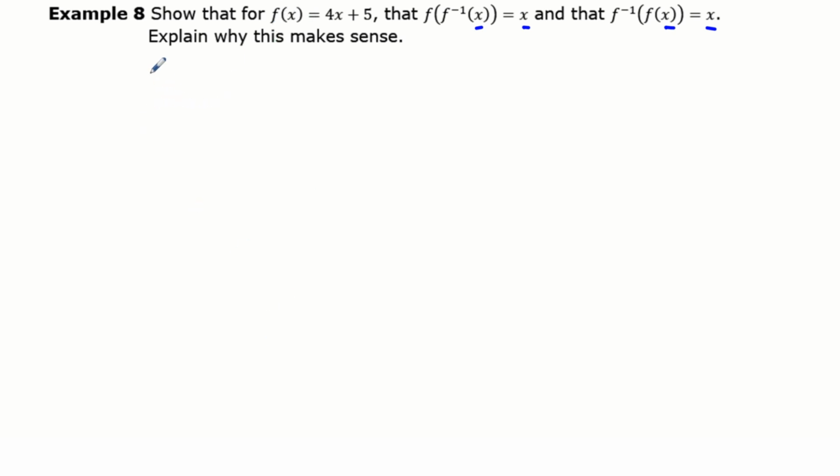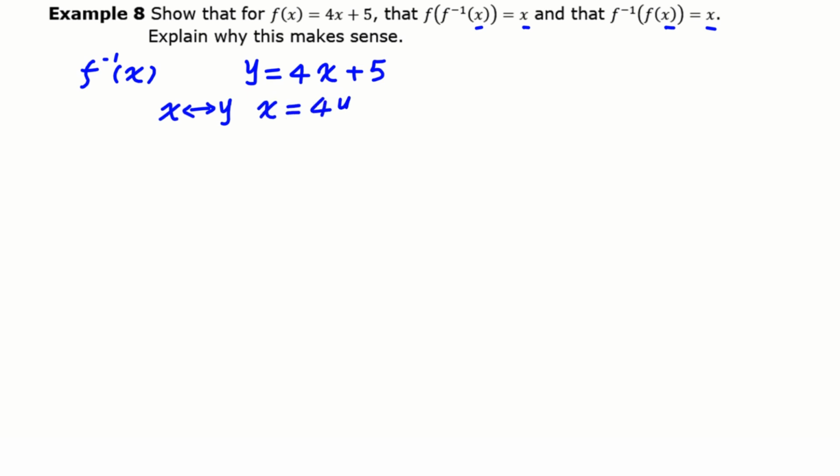So f at x equals 4x plus 5. In this equation, we have the f inverse of f at x. So we want to solve for the inverse of f at x from f at x. We replace f at x with y. Then we switch x and y. This is the definition of the inverse function. x equals 4y plus 5.